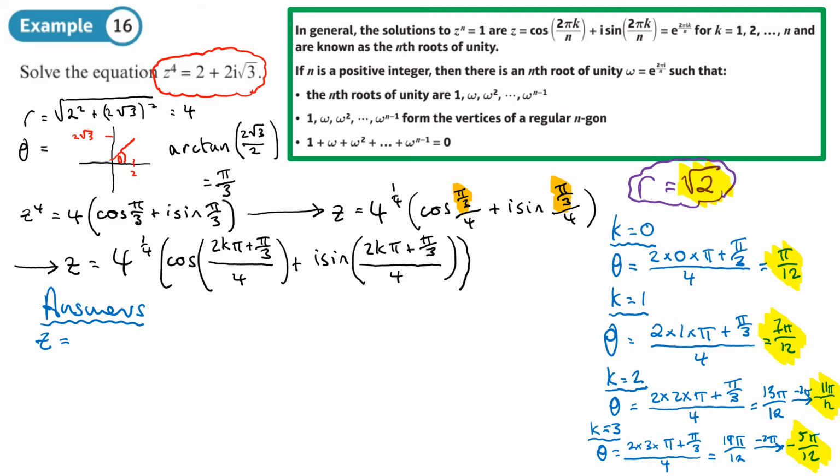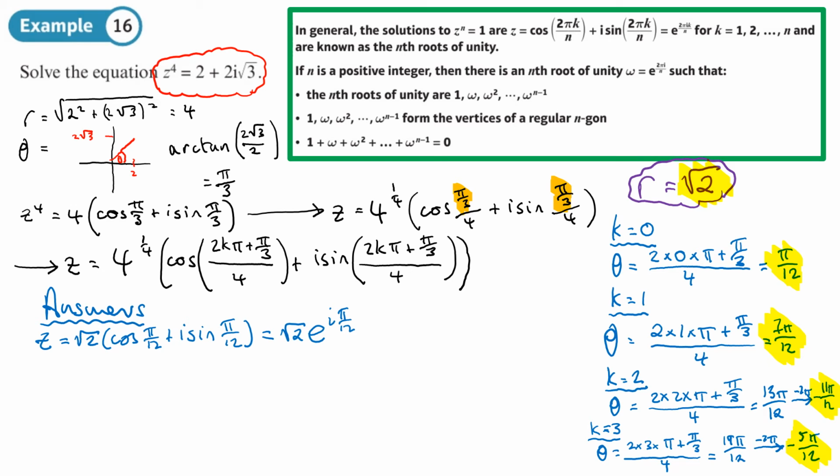First root, root 2 cos pi over 12 plus i sine pi over 12. In the exponential form, that would be root 2 e to the i pi over 12.